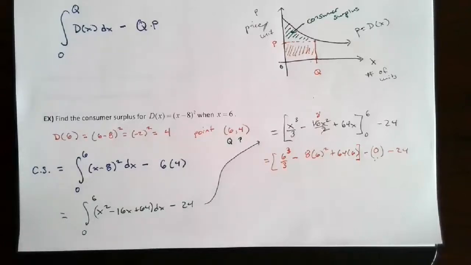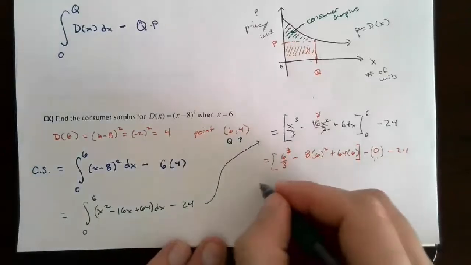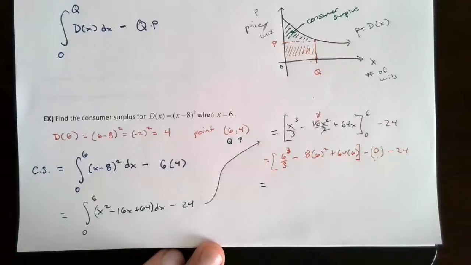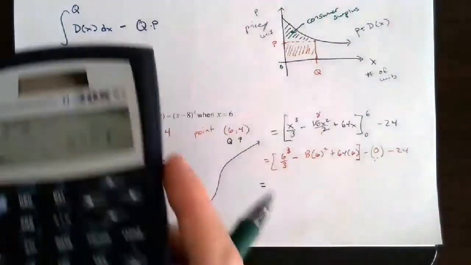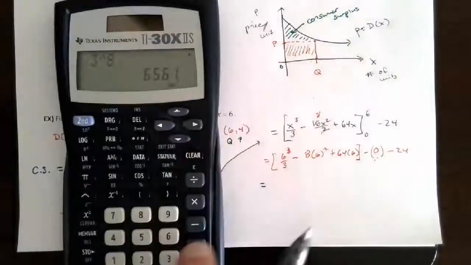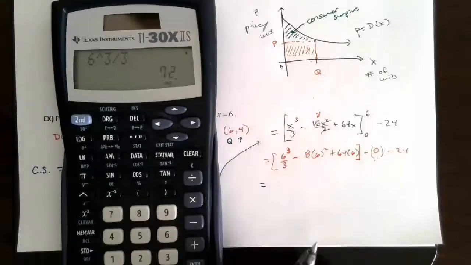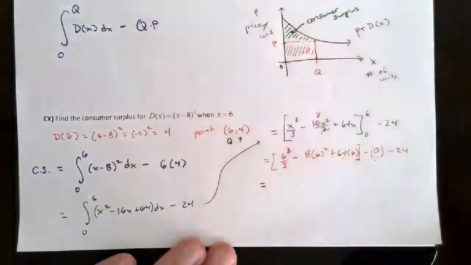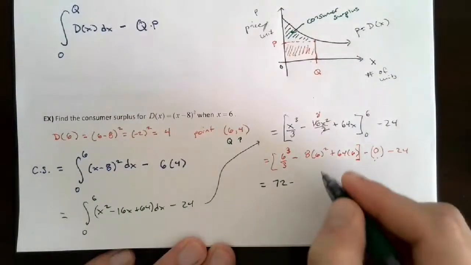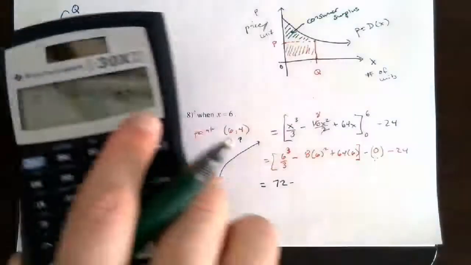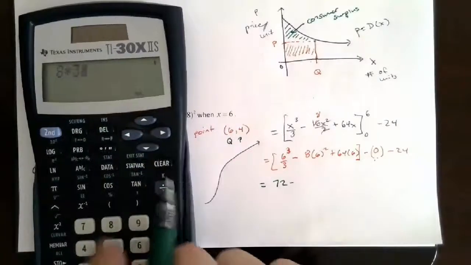So simplifying here, I end up with 6 to the third over 3. If you want to take a look on our calculator, 6 to the third divided by 3, that's 72. So we've got 72 minus 8 times 6 squared. Well, 6 squared is 36. We're doing 8 times 36.